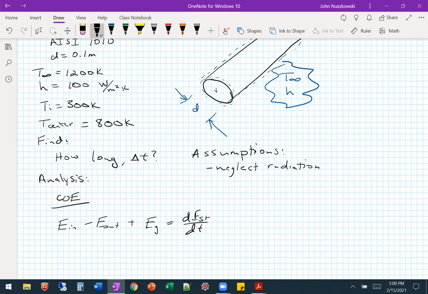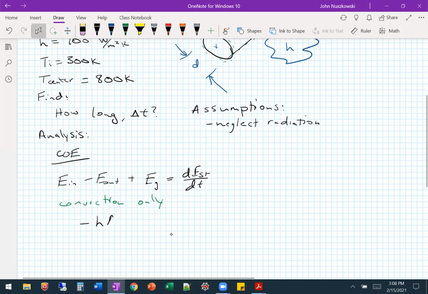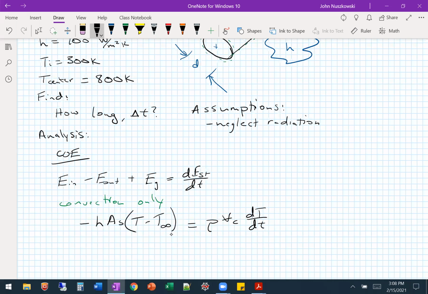So it's convection only, and this looks like this. And we can integrate this.